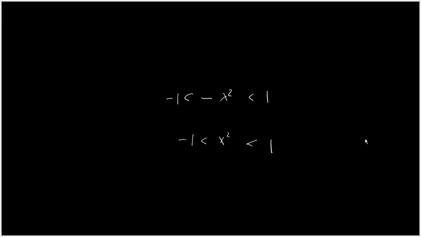Can you follow me? If you want me to add one more step, you would have positive x squared greater than -1 and less than 1. But x squared is always non-negative. Something squared can never be negative. So the given inequality is the same thing as that, right?